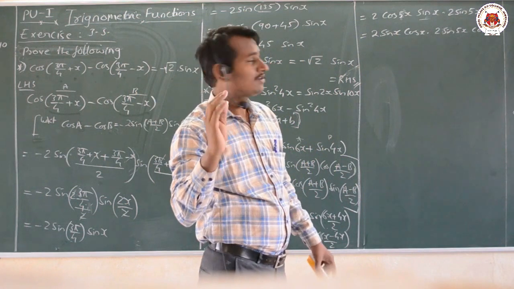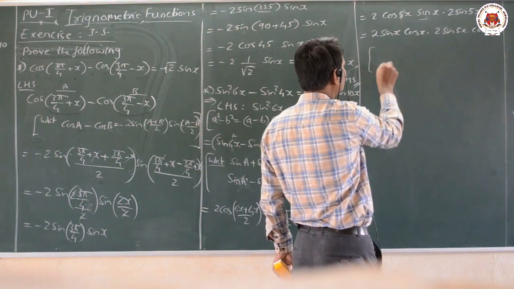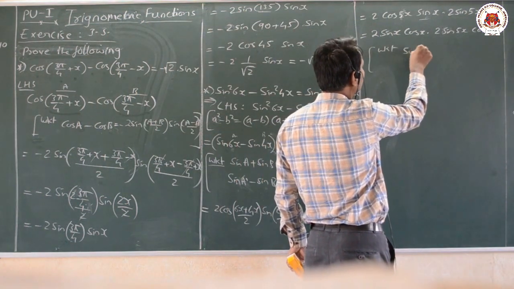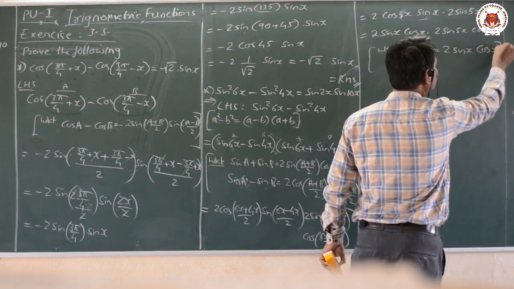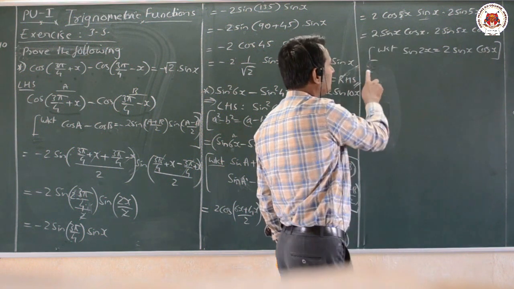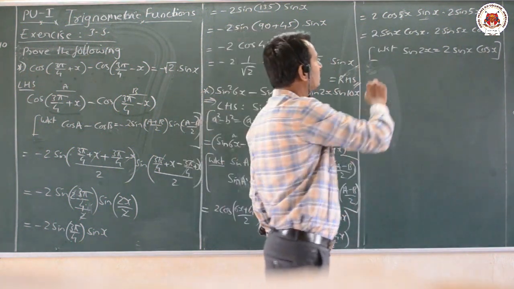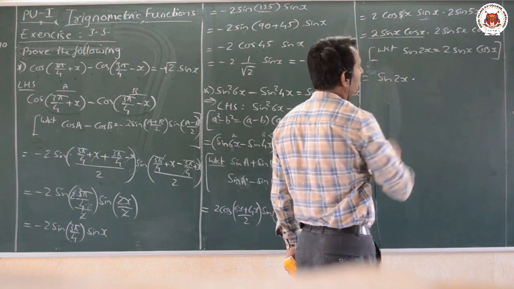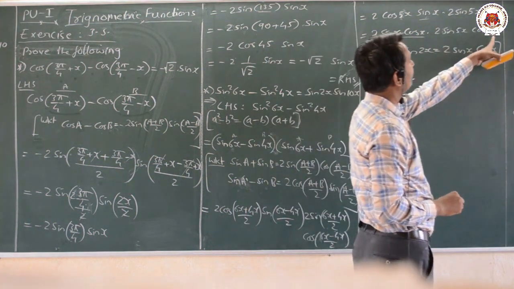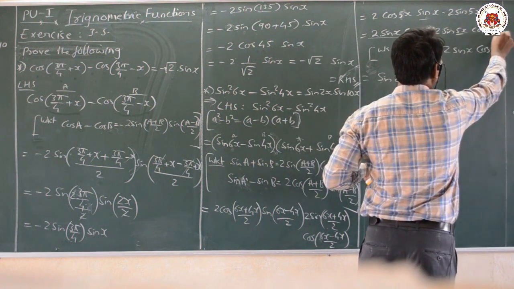Now what are these formulas we have to understand? We know that sin 2x equals 2 sin x into cos x. According to this formula, 2 sin x into cos x is sin 2x, and 2 sin 5x cos 5x is sin 10x.